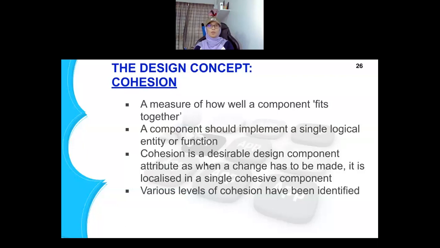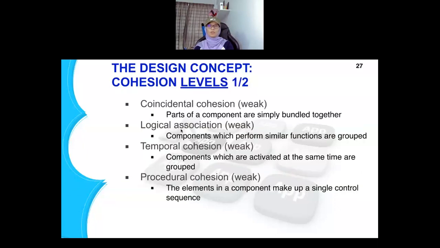Components should implement a single logical entity. Cohesion is a desirable design component attribute, as when a change has to be made, it is localized in a single cohesive component. Some projects fit together well. You change one module, it automatically affects others, right? Because it fits together.